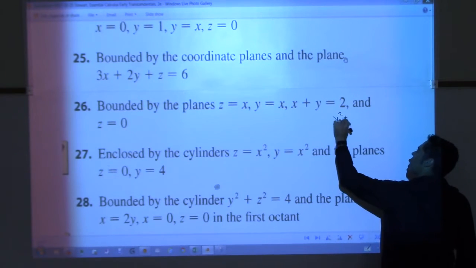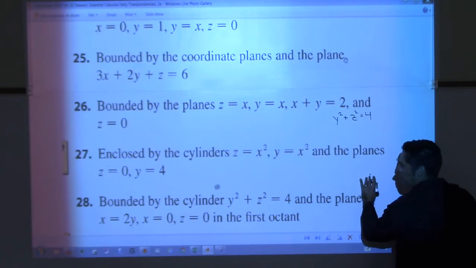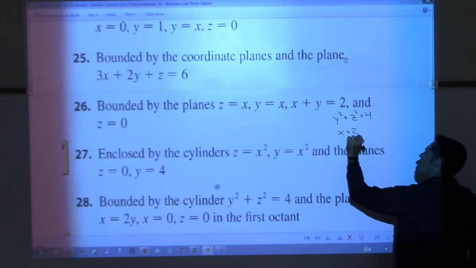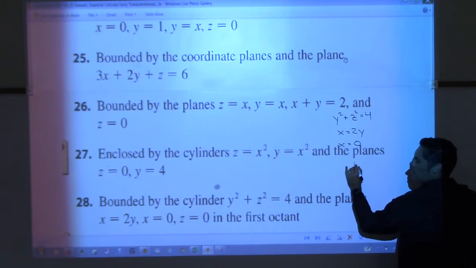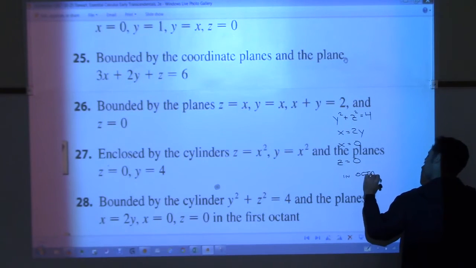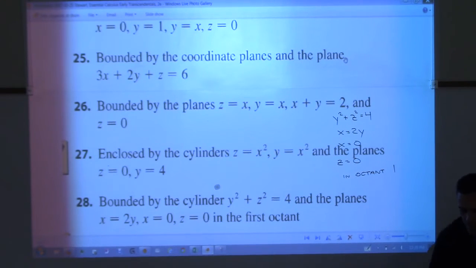Y squared plus z squared equals 4. The planes x equals 2y, x equals 0, z equals 0 in octant 1. Find the volume of the solid that's bounded by all those.